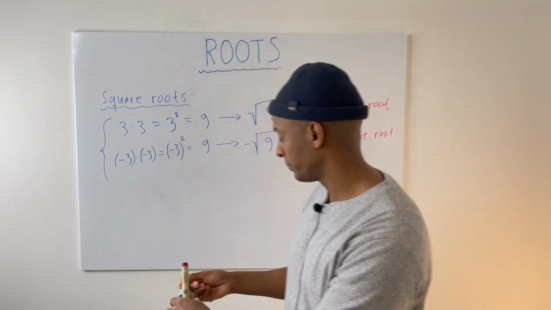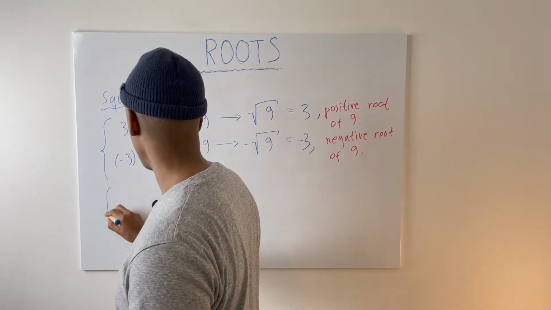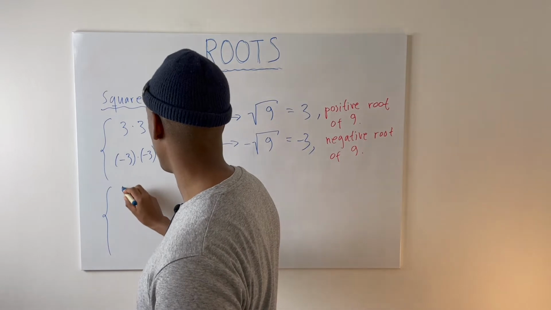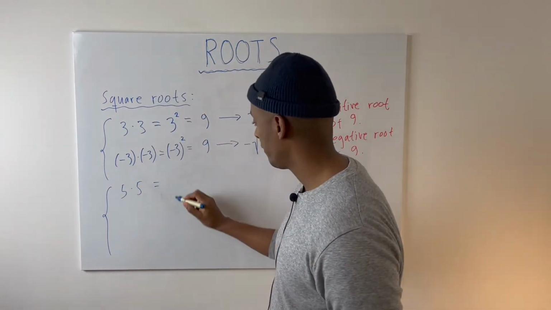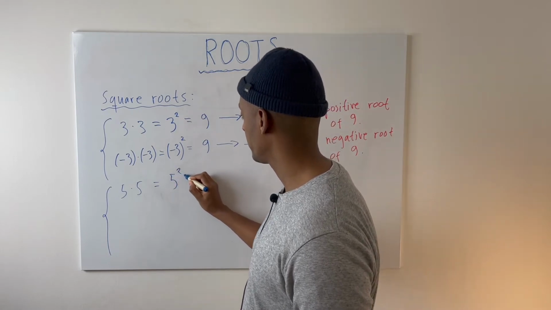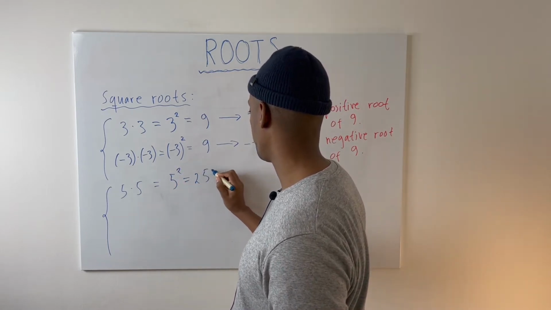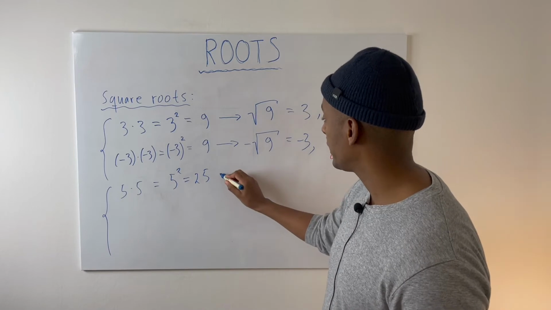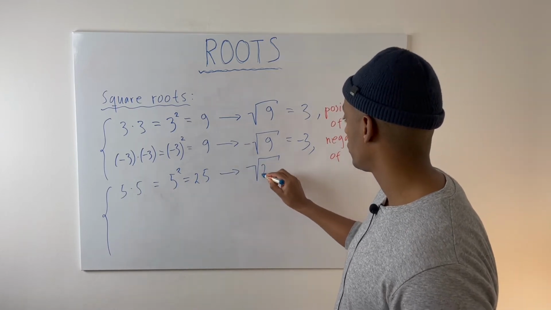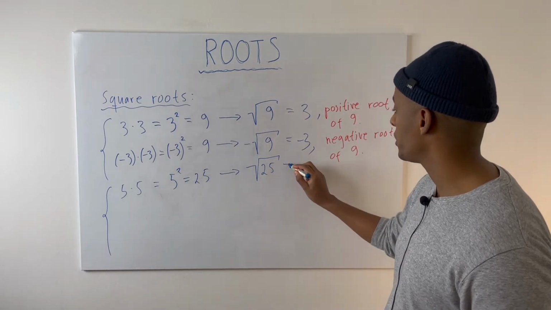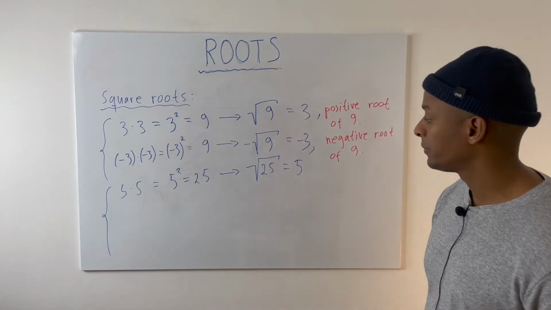Let's do another example. Let's say we have 5 times 5. That's equal to 5 squared, right? Or 25. That will give us the positive root of 25, which is equal to plus 5.